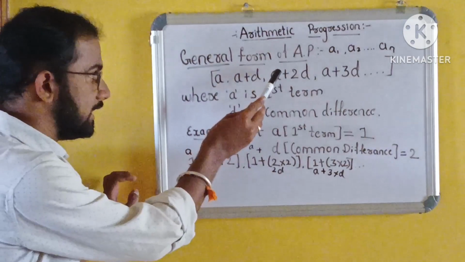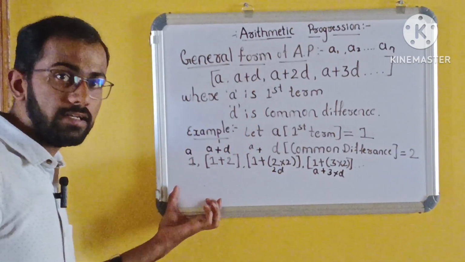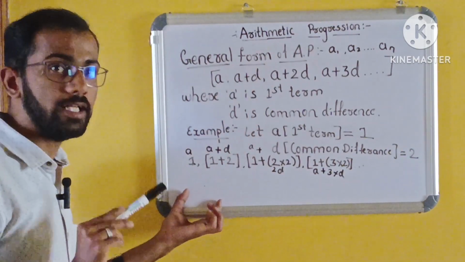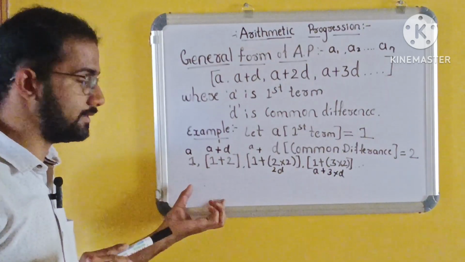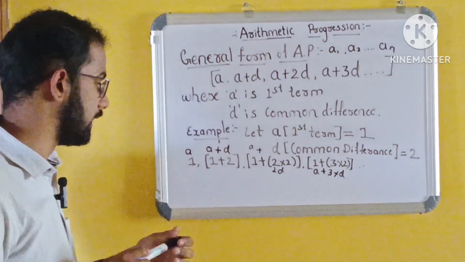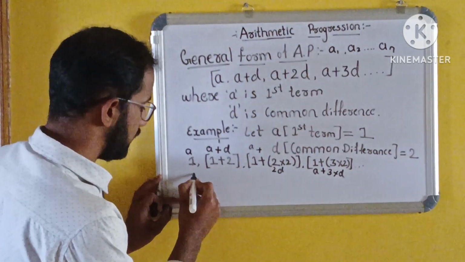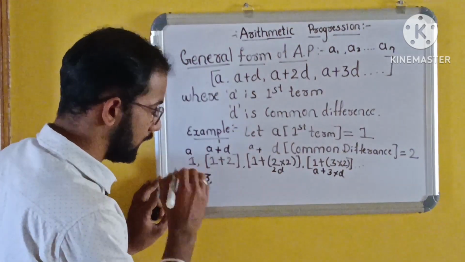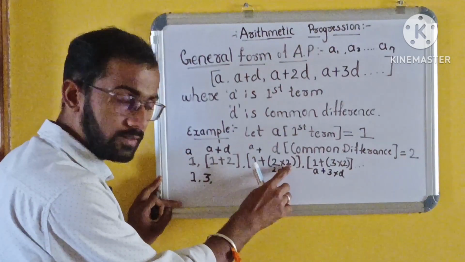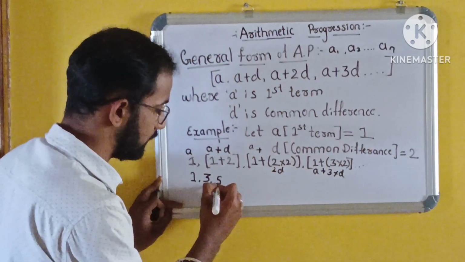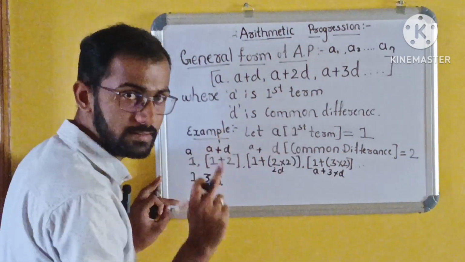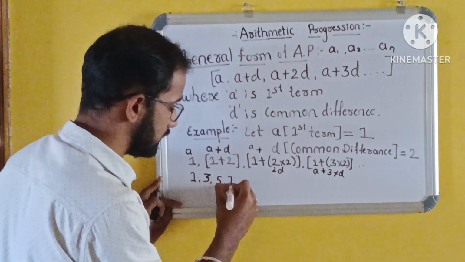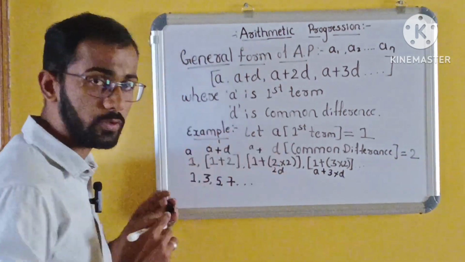Now from these terms we can get an AP, an arithmetic progression, or a sequence in arithmetic progression. 1 plus 2 is 3, 2 twos are 4, 4 plus 1 is 5, 3 twos are 6, 6 plus 1 is 7, and like this so on.